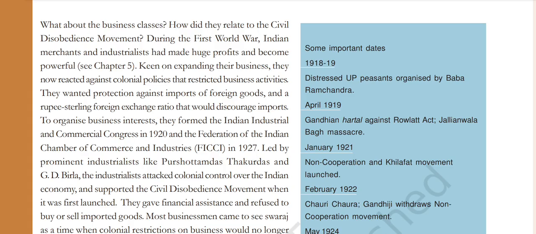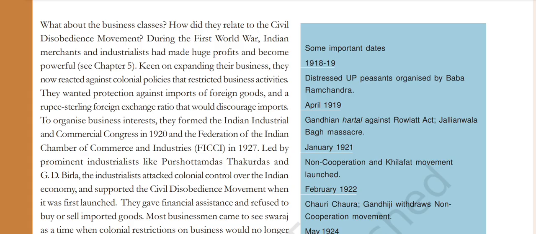To organize business interests, they formed the Indian Industrial and Commercial Congress in 1920 and the Federation of the Indian Chamber of Commerce and Industries (FICCI) in 1927, led by prominent industrialists like Purushottam Das Thakurdas and G.D. Birla.